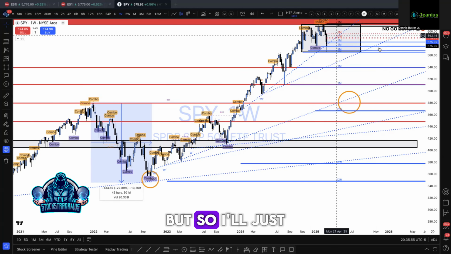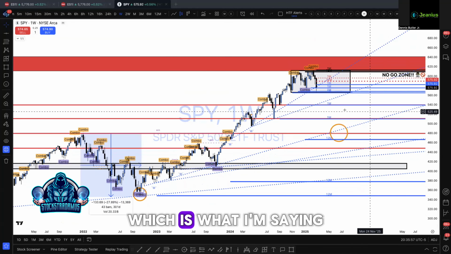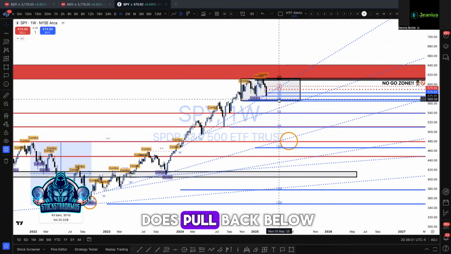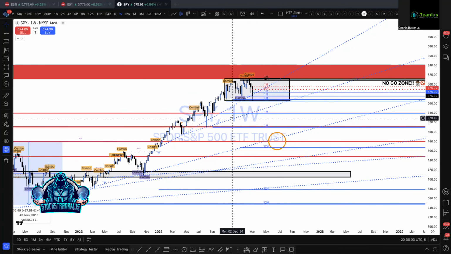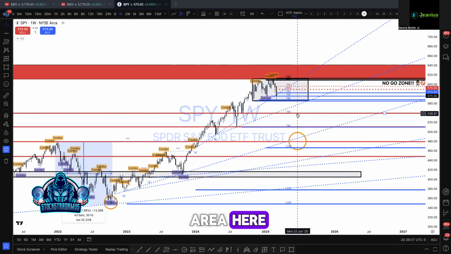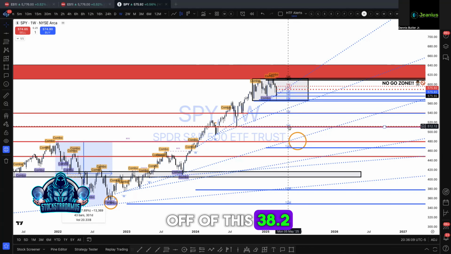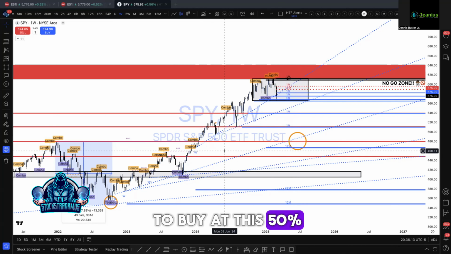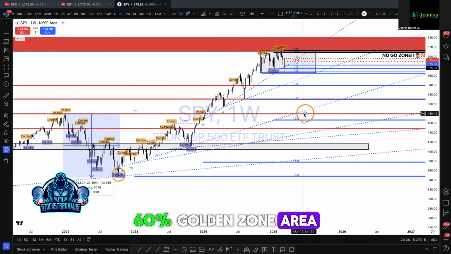But I'll just keep it, which is what I'm saying: if the market does pull back below this point, it could still buy off of this 38.2 area here. But ultimately, you want to buy at this 50%, 60% golden zone area.